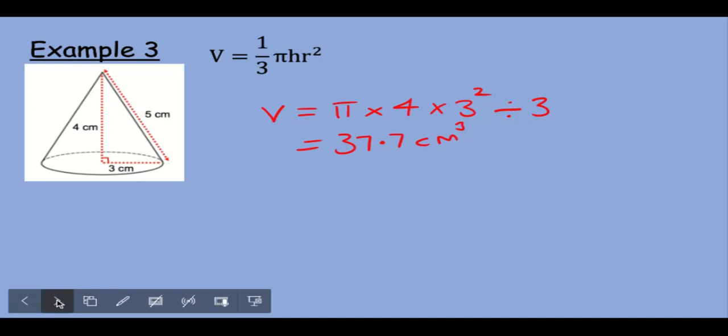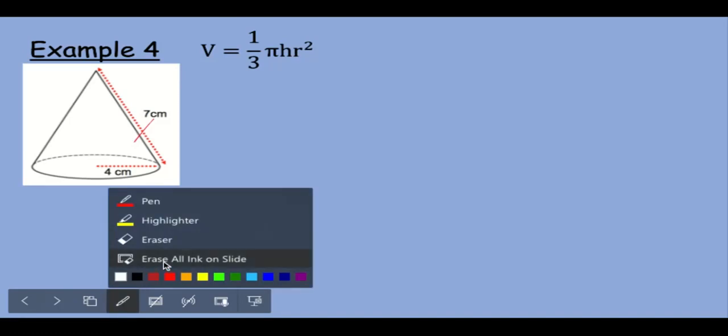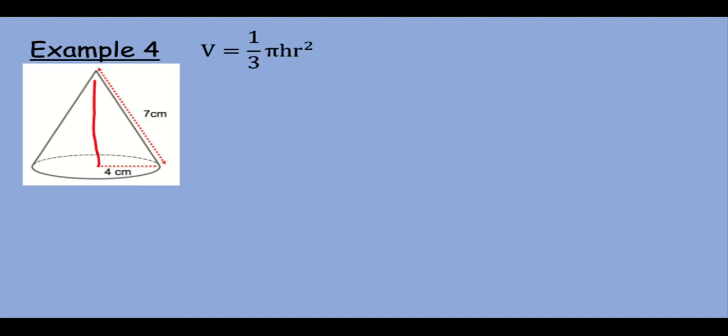Let's look at our last example now. So if we look at this one here, we'll notice that one of the things that we need, the height, is not there. So we're going to need to do a little bit of work to find that out. So we recognize that this height here and this slant size and the radius make up a right angle triangle.